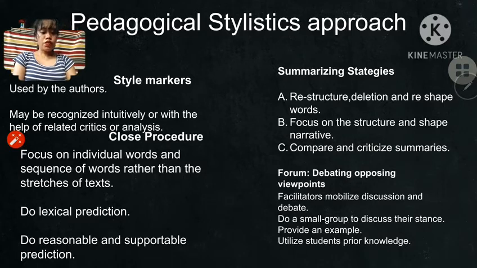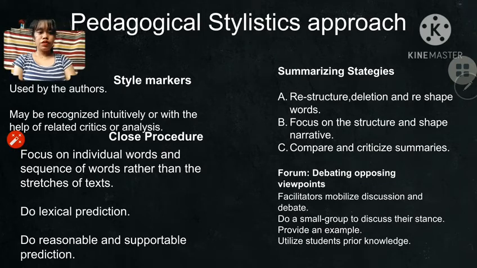So in here, we focus on the rhetorical devices being presented that shape the narrative or the meaning itself in the literature. Compare and criticize summaries to the previous analysis and to support your ground.